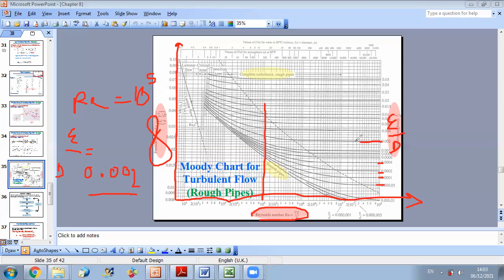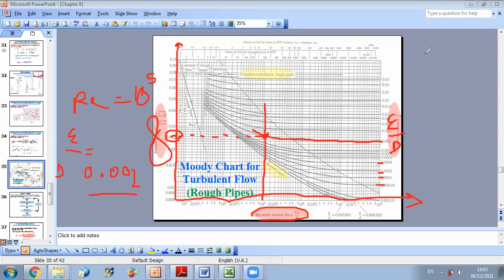I follow the curve to the intersection point, and then by taking a horizontal line I can read the friction factor. The friction factor is 0.025. So F will vary with both Reynolds and epsilon over d. If one of these two varies, F will vary.